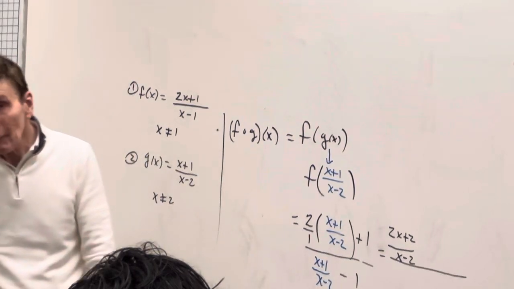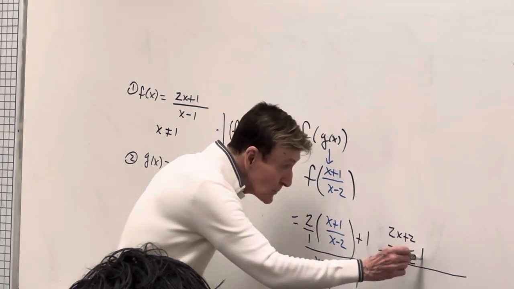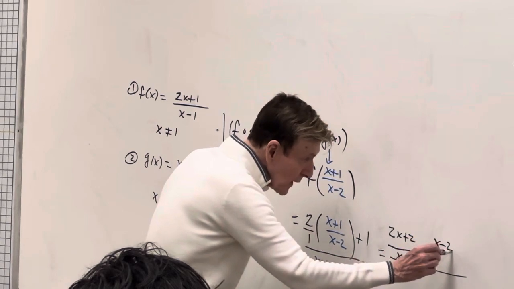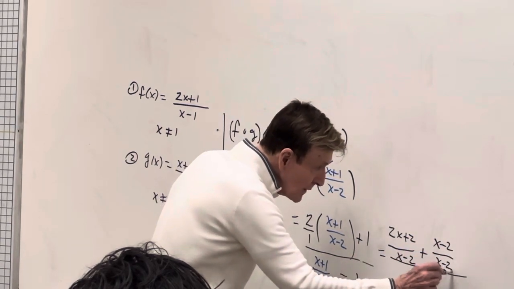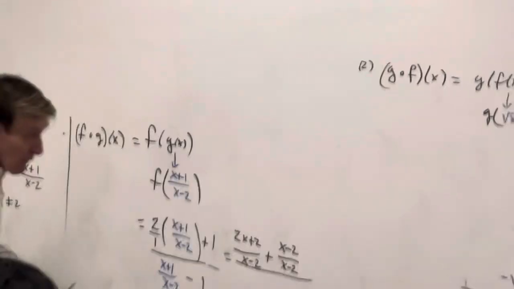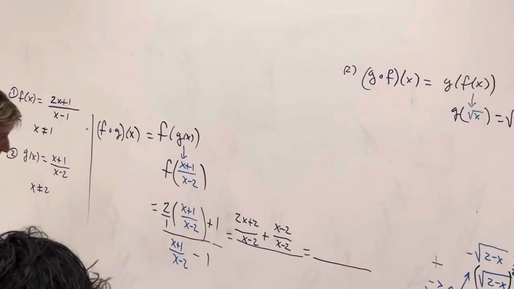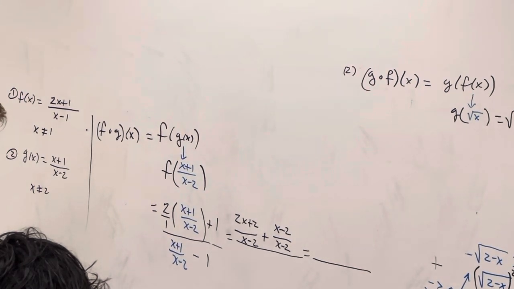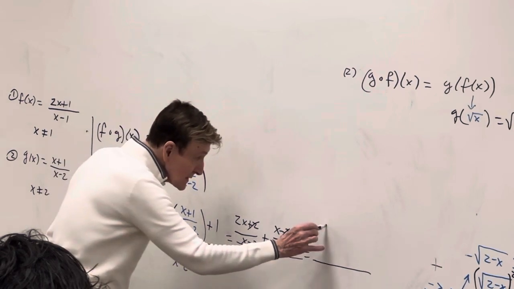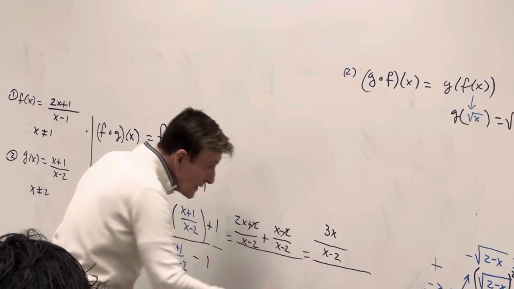You're going to combine with the common denominator, which means you're going to write that 1 as x subtract 2 over x subtract 2. That's still 1. And now those two have the same denominator. So if I put those together, add them up, I see 3x, the 2's cancel. You got 3x over that common denominator.